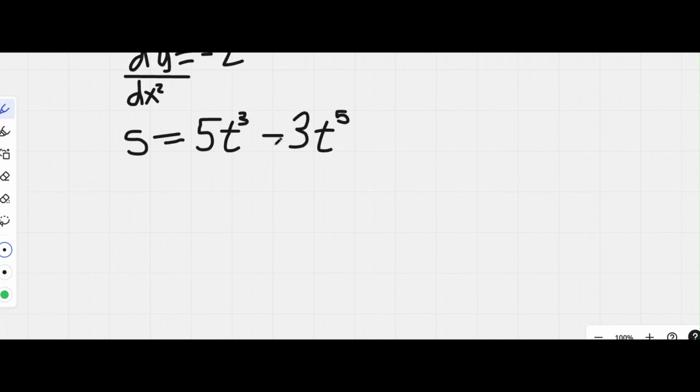Find the first and second derivative of s equals 5t to the third power minus 3t to the fifth power. Now let's be reminded of the power rule. X to the n, and in this instance we could put t to the n.